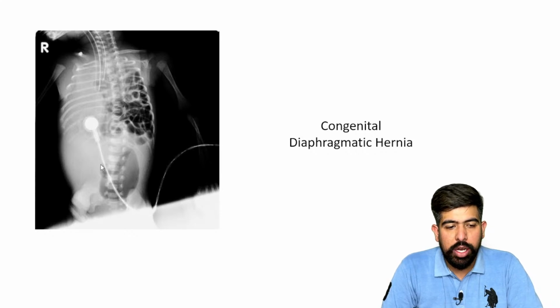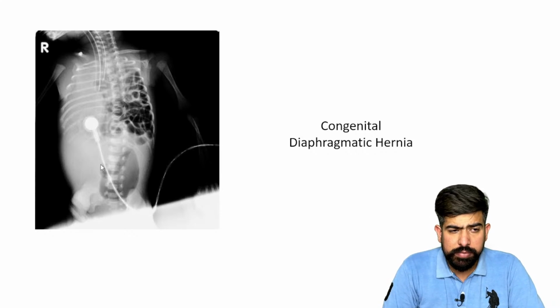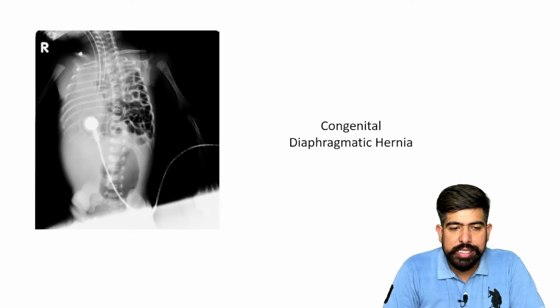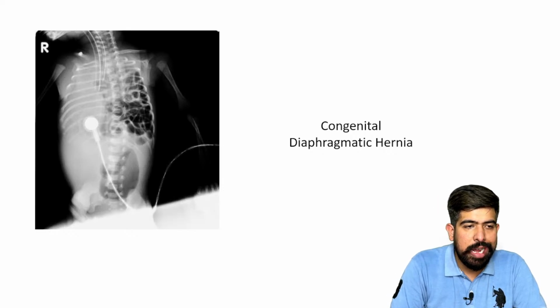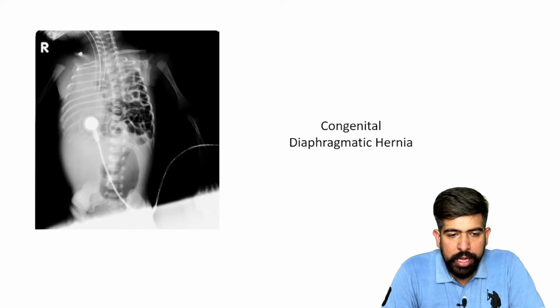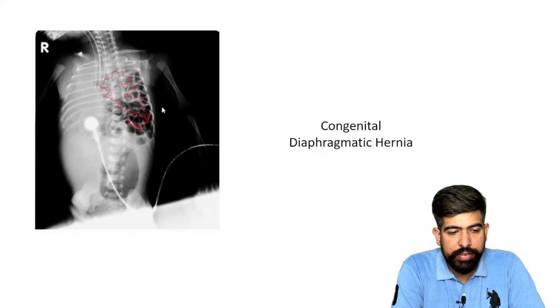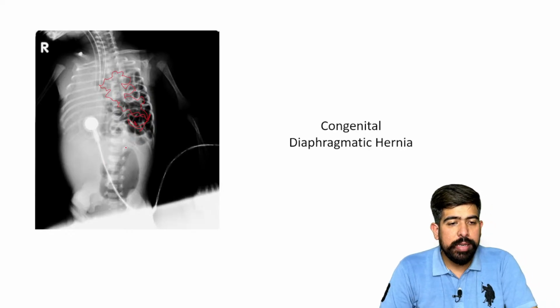Now, what you can see on this screen is a neonate, a newborn. In the highlighted area, you can see something air filled inside the chest cavity. By seeing it you can identify the most common cause, guys.